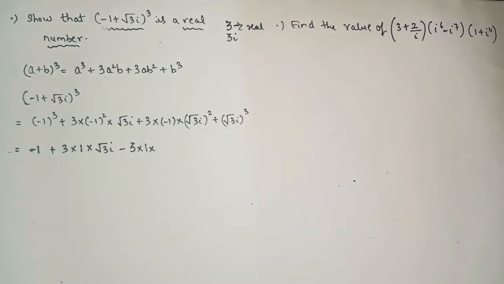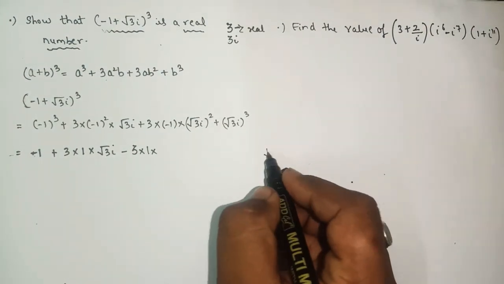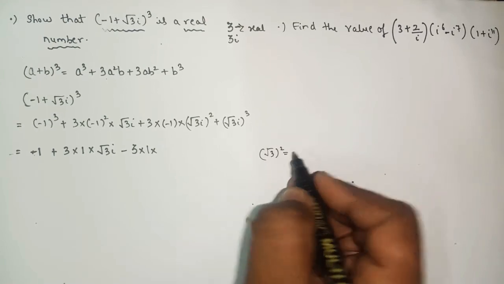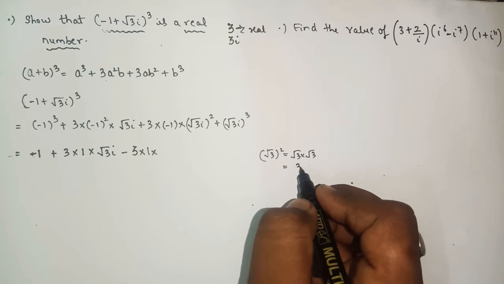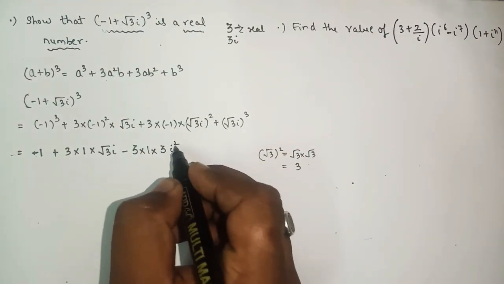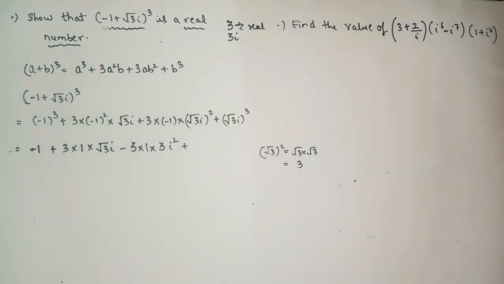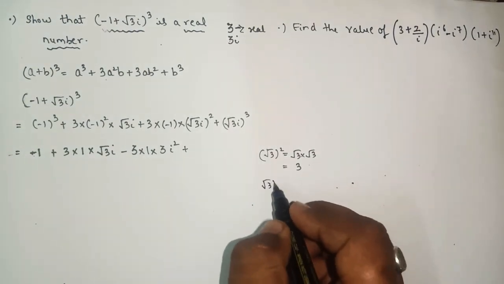Okay, understood? After this, root 3 square, so we know that root 3 square will be what? We can write as root 3 into root 3, and root 3 into root 3 is 3. So this part we can write as 3, and i square will be what? i square, yes or no? Plus. Then what about this root 3 the whole cube?